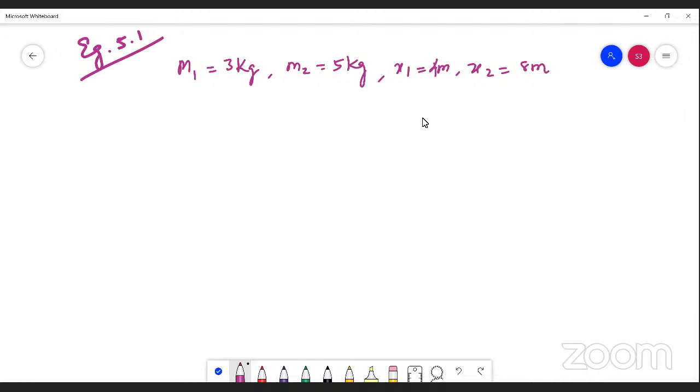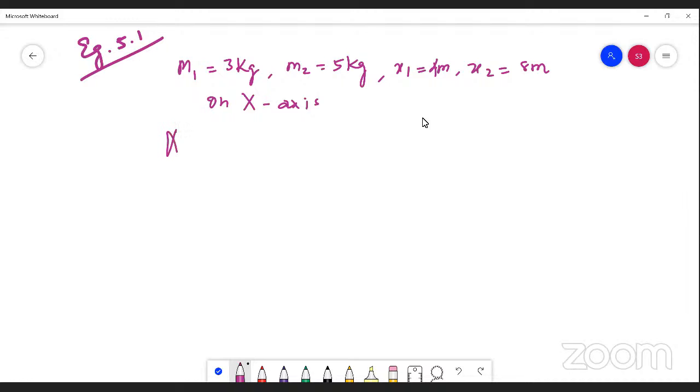From the origin on the x-axis. So you can write the two point masses, 3 kilogram and 5 kilogram, which are at the positions 4 meter and 8 meter from the origin on x-axis. Locate the position of center of mass of the 2 point masses from the origin and from 3 kilogram mass.